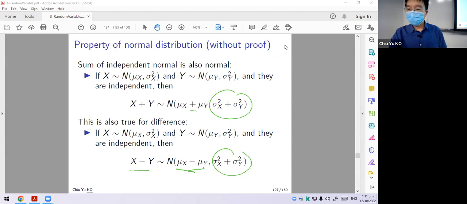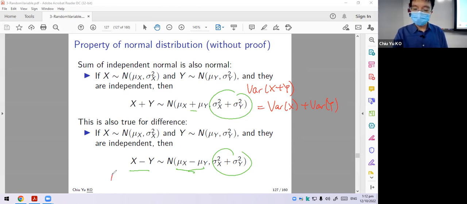The idea is that the variance of x plus y is the variance of x plus the variance of y. So whether you have a negative y doesn't really matter, you just take it out. That's why you have the square.